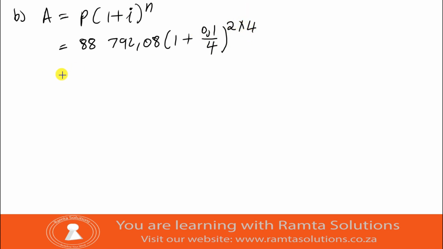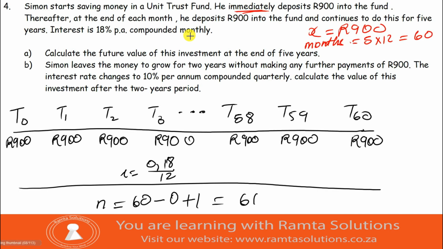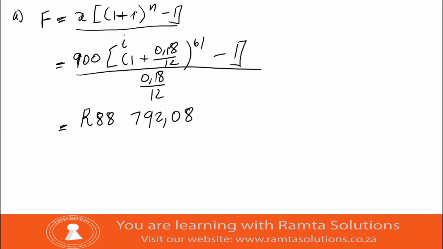Let's see what is Simon's investment after 2 years, after the 5 years. It was 88,792.08 into 1 plus 0.1 over 4, to the power 8.